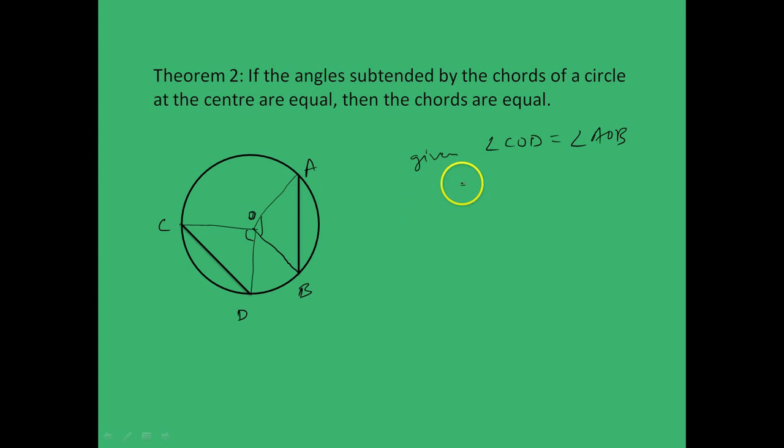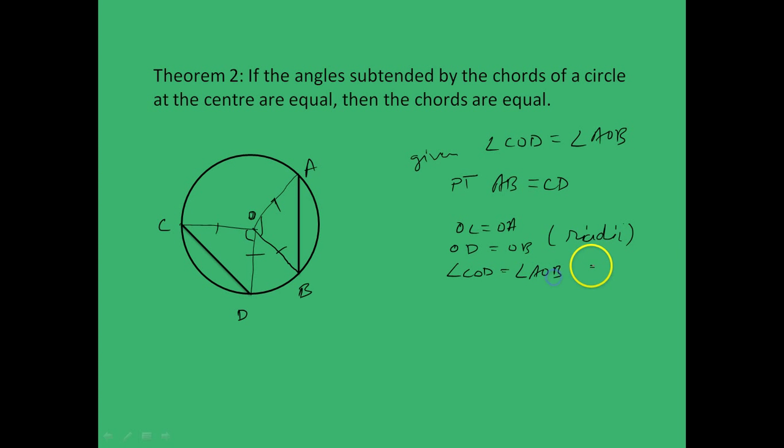COD is equal to angle AOB. Then prove that AB is equal to CD. Again, the proof is very simple. We know that this equal to this equal to this equal to this because all of them are nothing but the radii. So we have OC is equal to OA, we have OD is equal to OB, all of them being radii, and we have angle COD is equal to angle AOB, which is given.